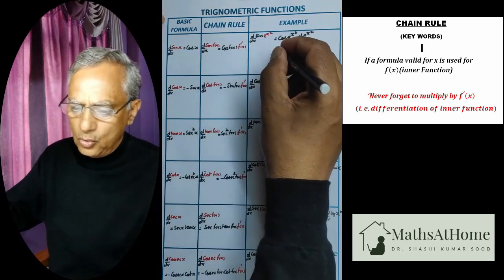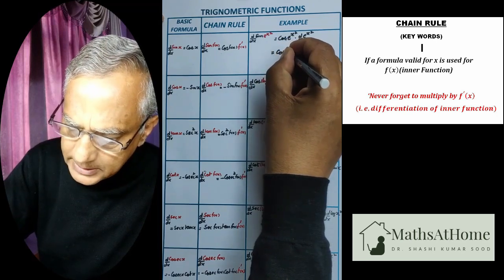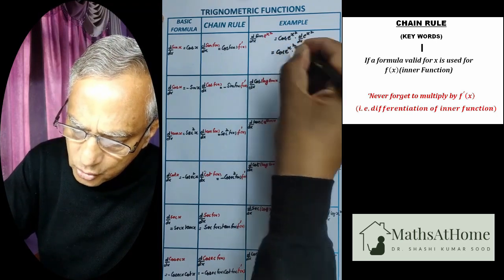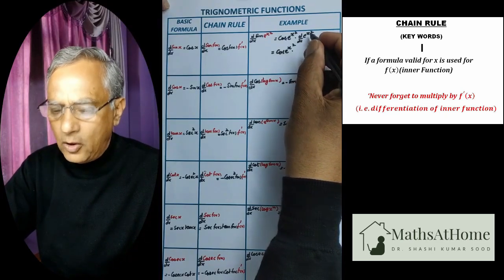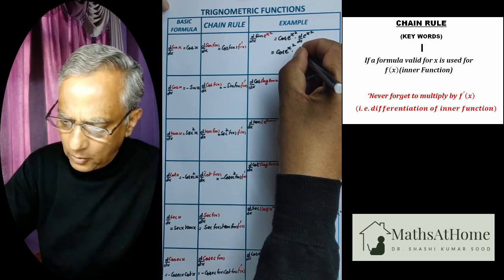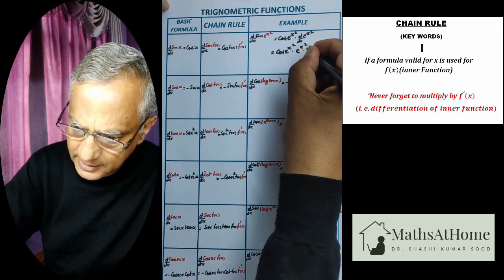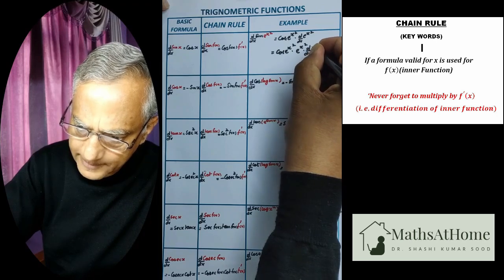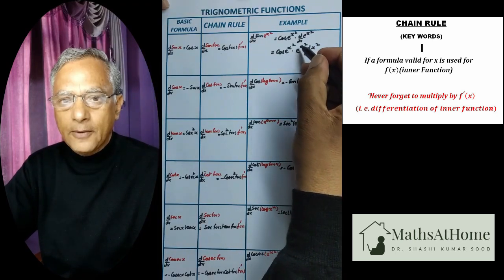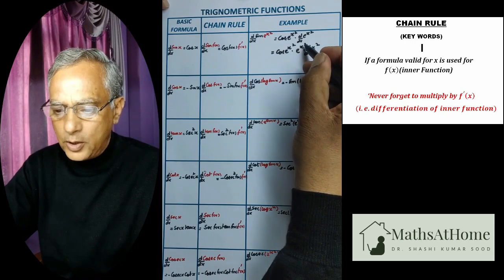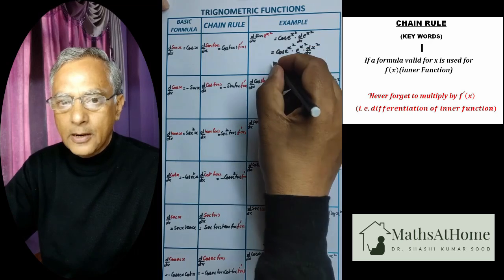So this will again be equal to cos e x square into d by dx of e to the power of x square. Differentiation of e to the power of x is e to the power of x into d by dx of x square, the differentiation of the inner function. The formula for e to the power of x is being used for e to the power of x square, so we are multiplying by the differentiation of the inner function.